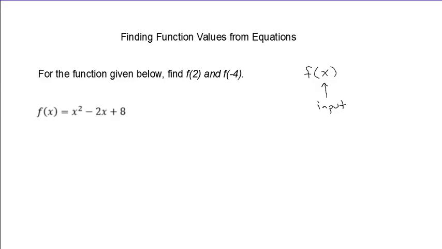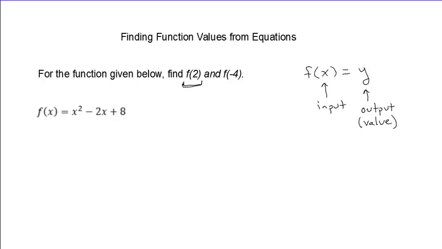I want to know what my output is, and that output, this function notation, is just a fancy notation for the y value. So the y value is going to be my output, or my value. When we're asked to find a function value, we put the x value into the function. The best thing that I can tell you about finding function values is make sure that you have good habits when you do this.